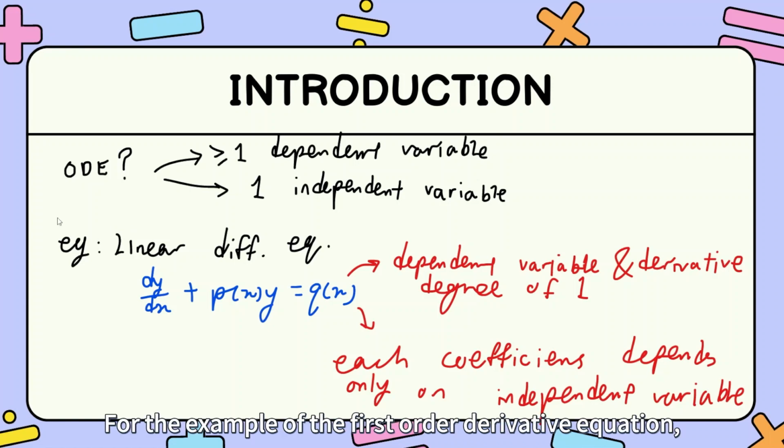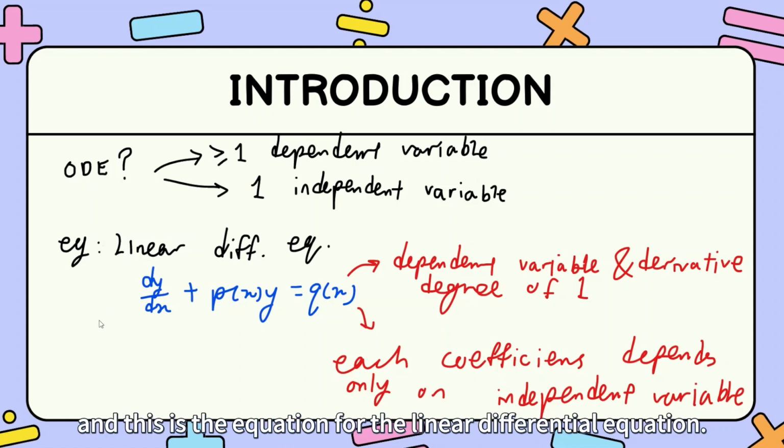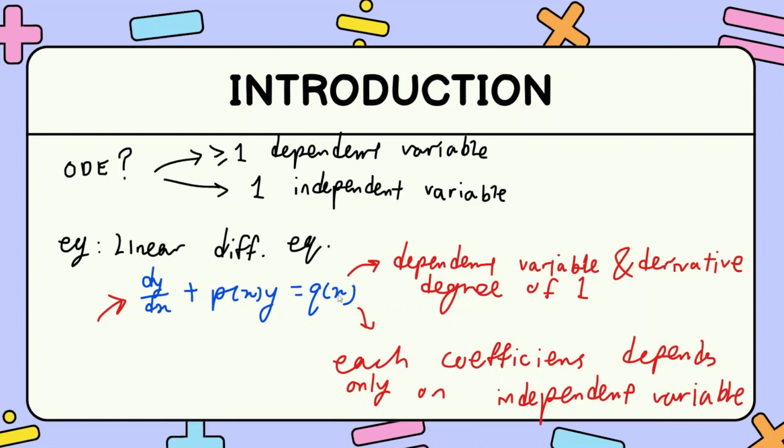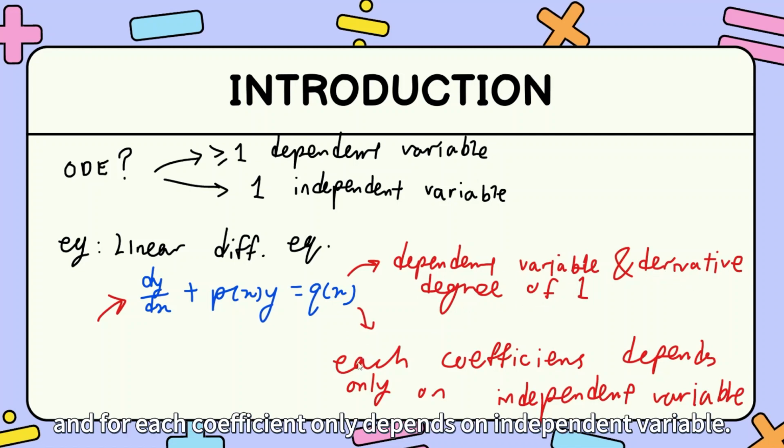For example of first order differential equation, we have the linear differential equation. For a linear differential equation, it has a dependent variable and derivative with only degree of 1, and each coefficient only depends on the independent variable.